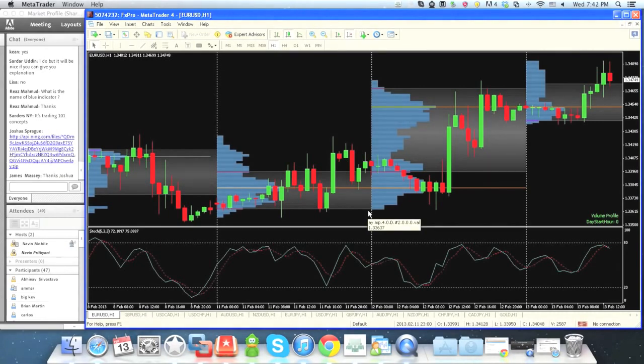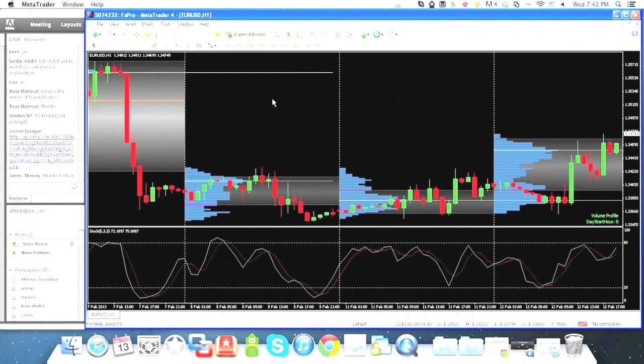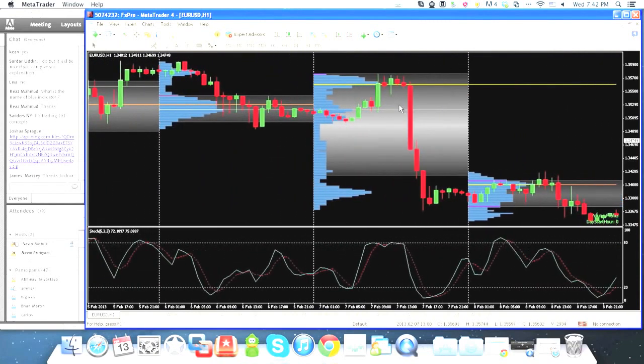Now the next thing is, how do you use this to your benefit? Take a look at this. You see how the market went from here to here. It created lower lows, right? It had a low here, and then it made another low. It swung up and came down, but overall it made a low to another low.